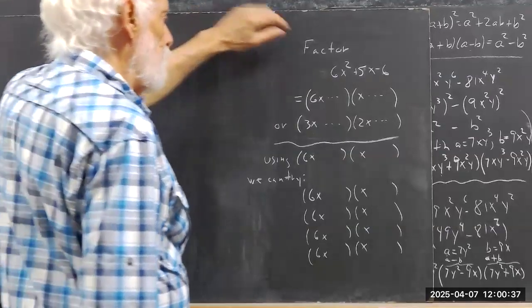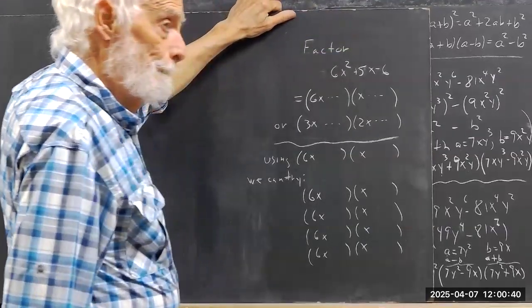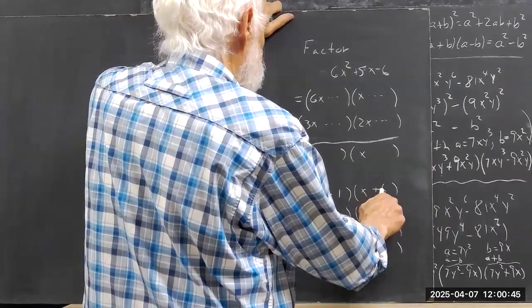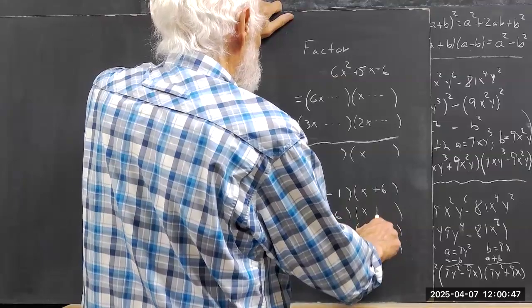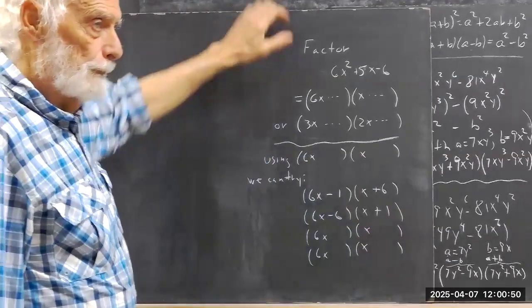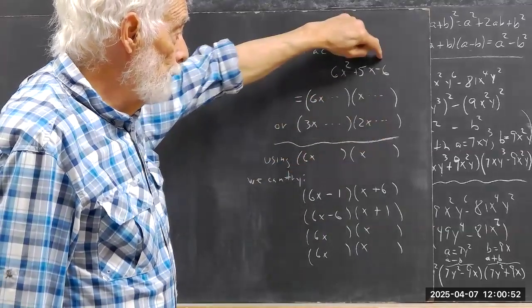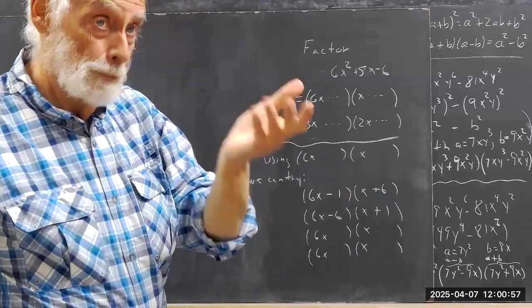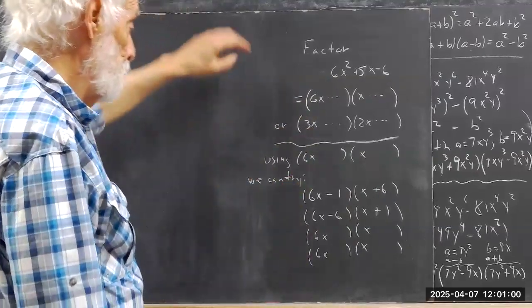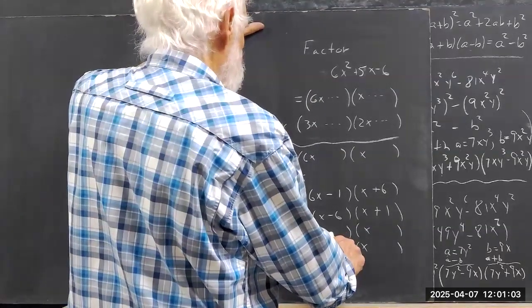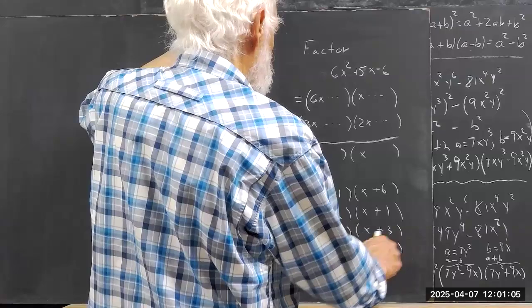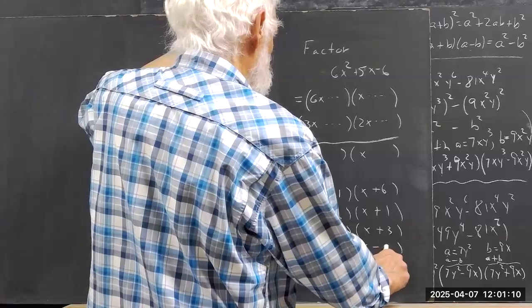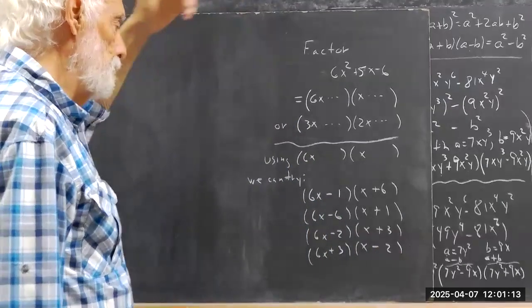Okay. Now we got to get -6 over here, right? How could we get -6? Well, we do -1 here and +6 here. We could do -6 and +1. Okay. Both ways we would get -6 and we get 6x squared. Right? Or we could do -2 and +3, or +3 and -2.